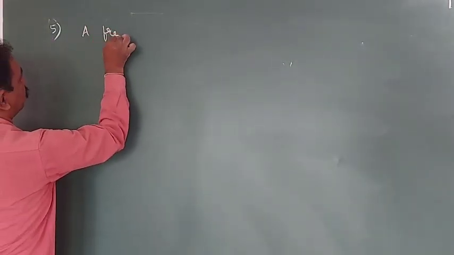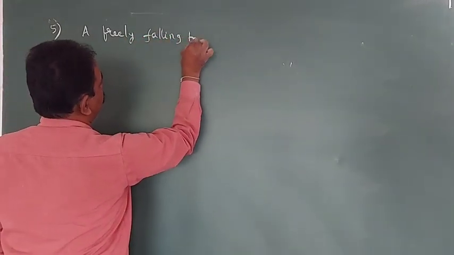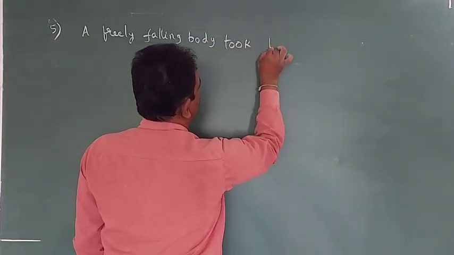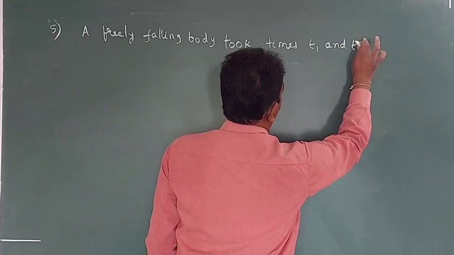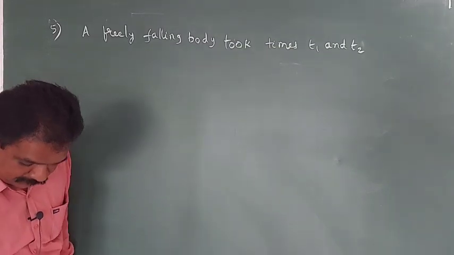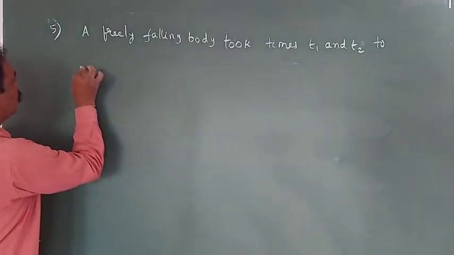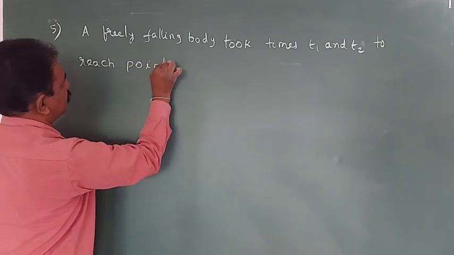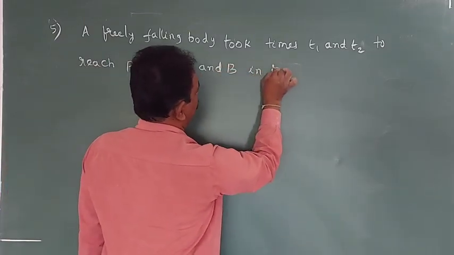A freely falling body took times T1 and T2 to reach points A and B in its motion.